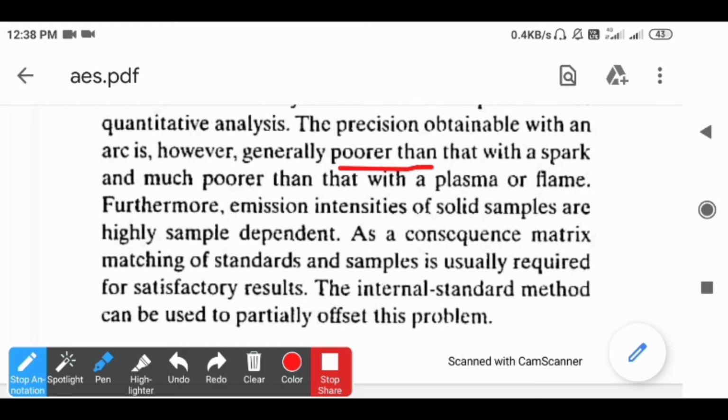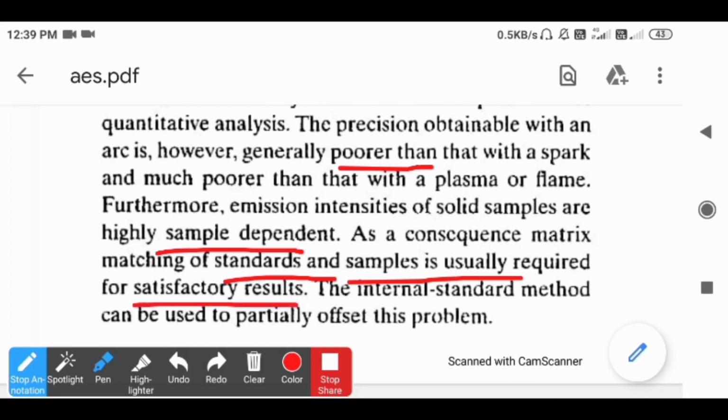Okay, and the emission intensities of the solid samples are highly sample dependent. We have seen that for the excitation of a particular species, in the rate of emission, we get different peak intensities, or signals at different time intervals. So the emission intensity for a particular sample analysis is highly sample dependent, and as a consequence, matching of the matrix of the sample and standards is usually required for satisfactory results.